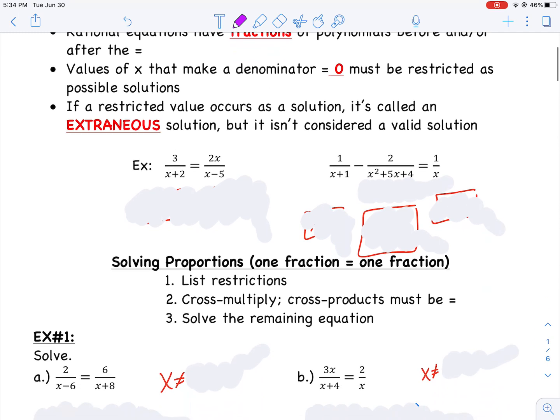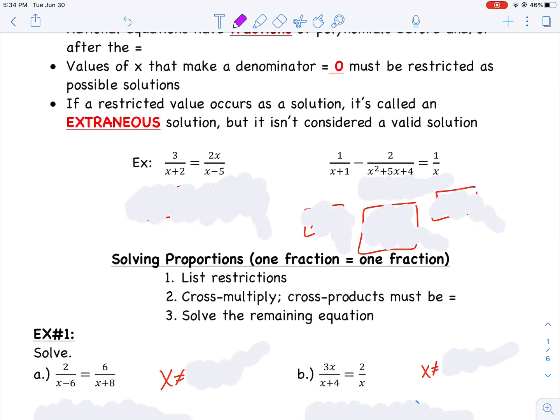So look at these two problems here. If I have these two rational expressions set equal to each other and they ask me to solve, the first thing we need to do is figure out what x can't be. What are our domain restrictions? Well, if I look at this first denominator, what x is going to cause that denominator to equal 0?